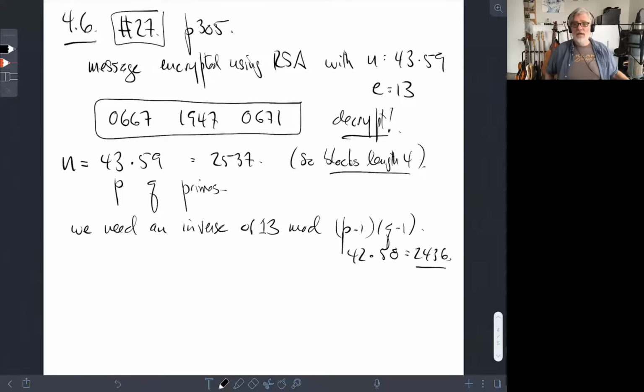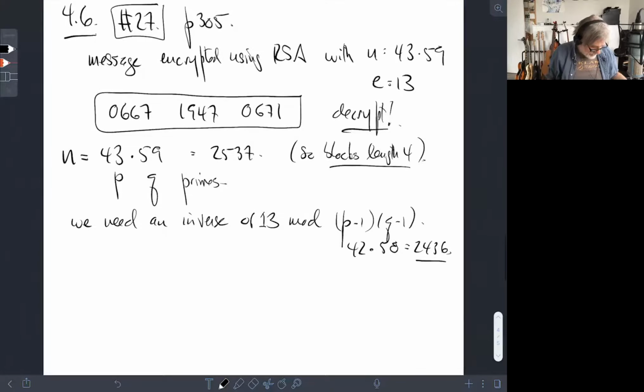That's how RSA works. What we're going to do with this inverse is take each block and raise it to that power, and that's the way we decrypt. This part about the inverse is something that if I'm the bank, I've already pre-computed, obviously. But here we have to do it.